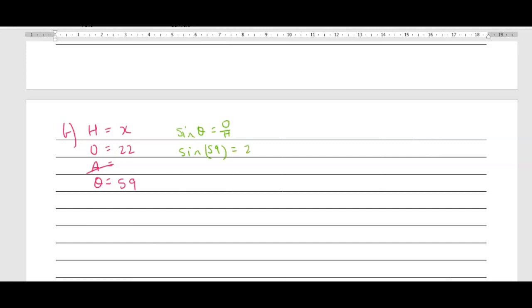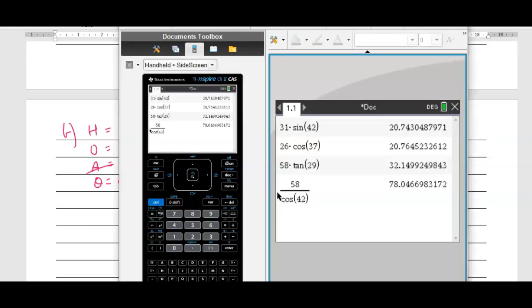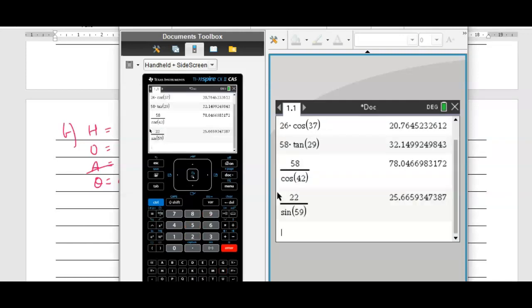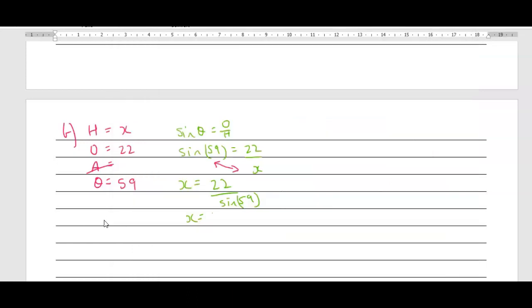Opposite is 22, and your hypotenuse is labelled as x. So we just switch these because x is in your denominator. So we get x equals 22 over sine 59. And plug that into the calculator. So 22 over sine 59. So 25.67.